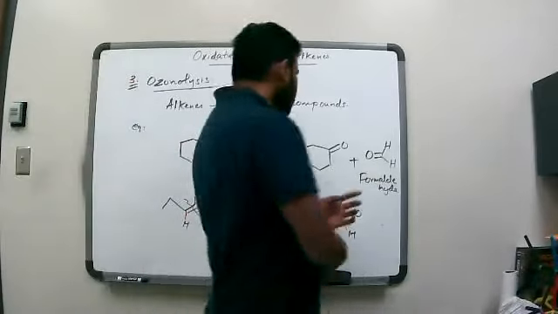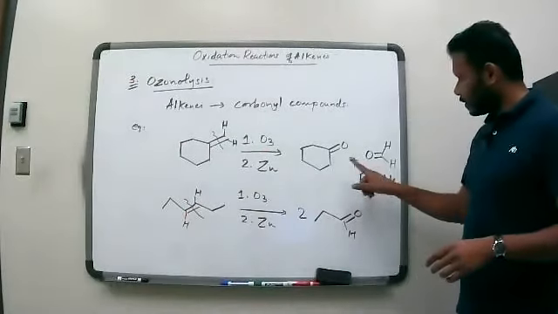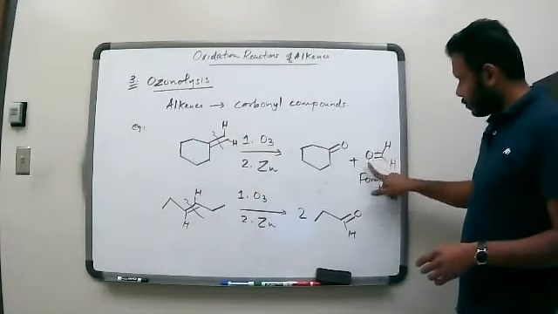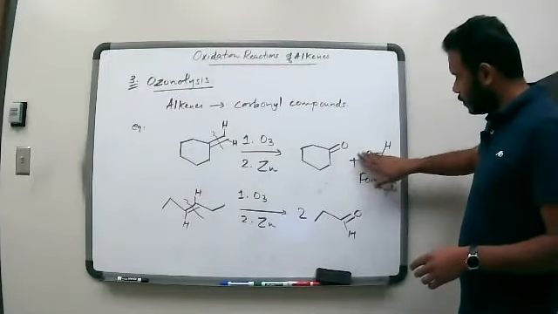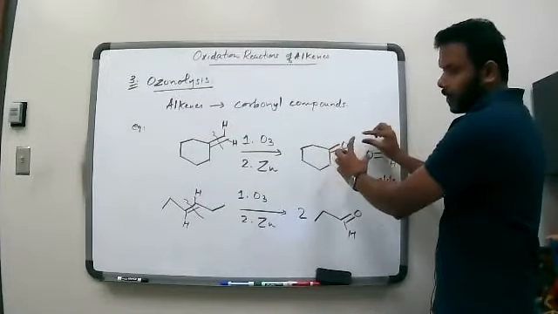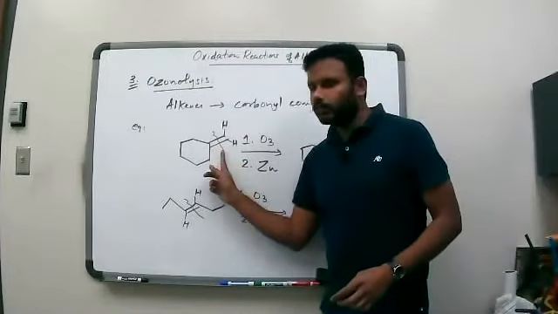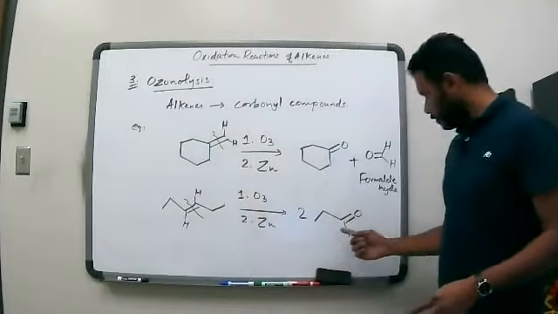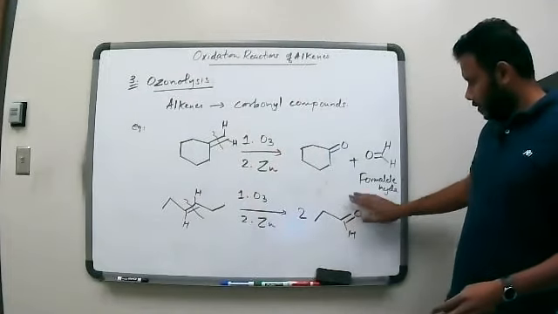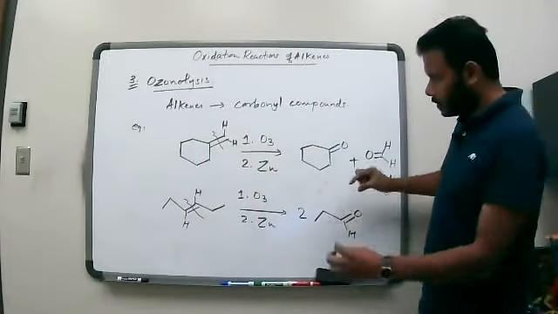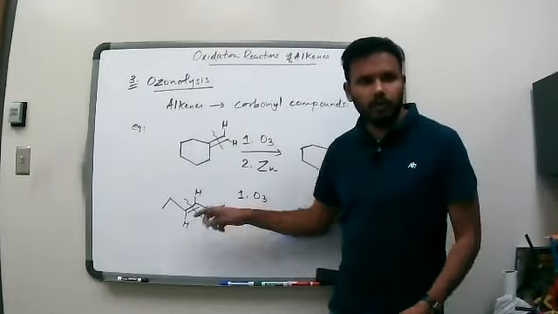Because if these are two products that I get, then when I remove these two oxygens and connect the two fragments together, I can identify what the starting alkene was. Or if I get two of these aldehydes, take two of those, remove the oxygen, connect the two halves together, I know what the starting material was.